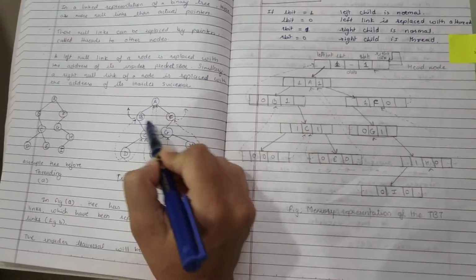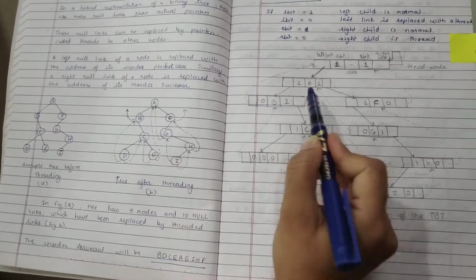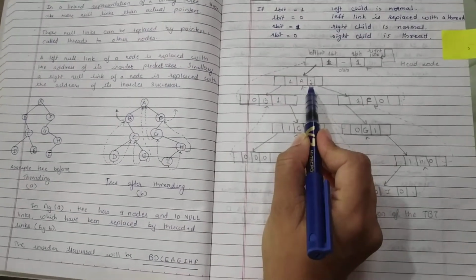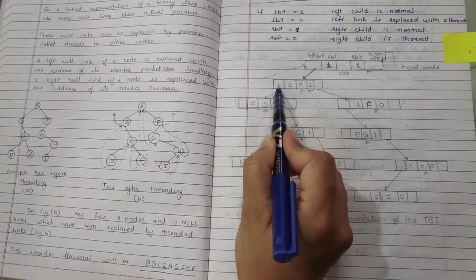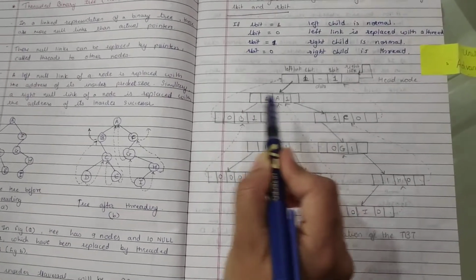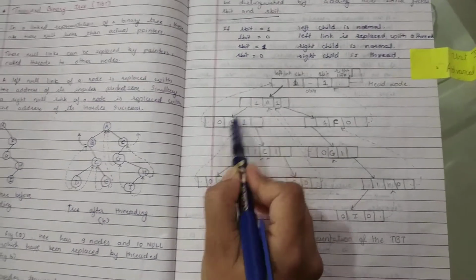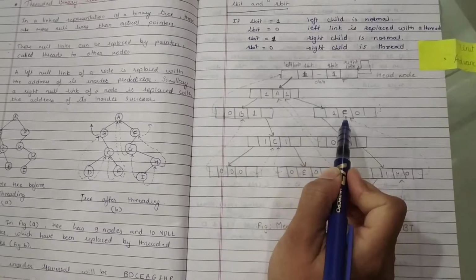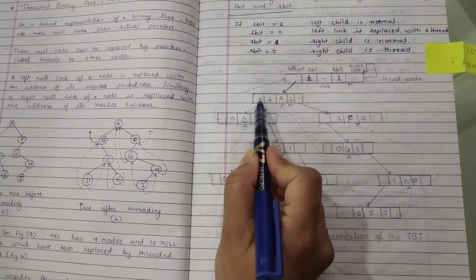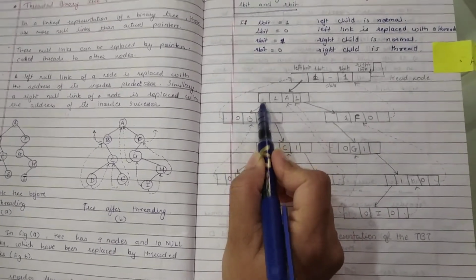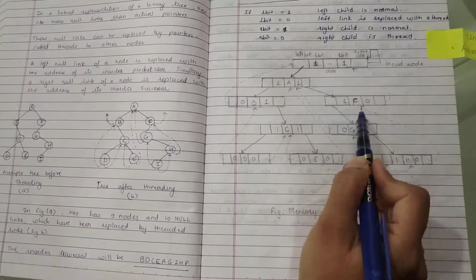Here A has a left and right child, that's why the entries are 1. Then the first field and the last field store the links to the left child and the right child, that is, the address of the left child and the address of the right child.